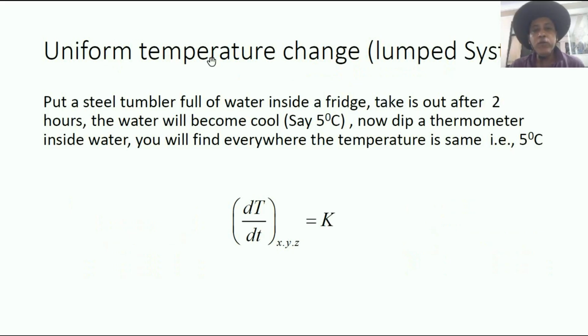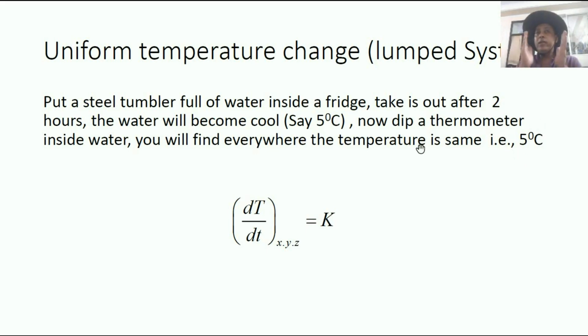Uniform temperature change means what? Take a steel tumbler or a glass full of water and keep it inside the fridge. Take it out after 2 hours. The water will cool down, say 5 degrees centigrade. Now take a thermometer and dip it inside the water. You will find that at every point inside the water, the temperature is the same, 5 degrees centigrade.